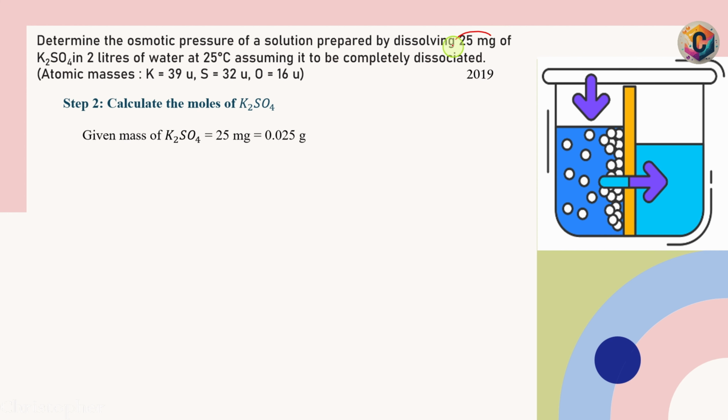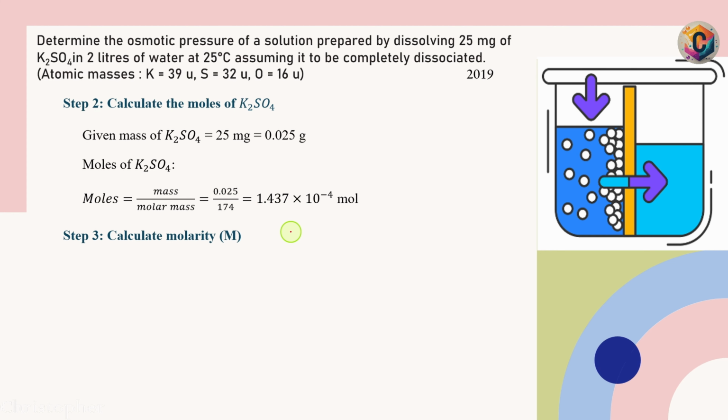So the mass given here is 25 mg. So I need to convert it into grams. Converting into grams, dividing by 1000, it is 0.025. To find the number of moles, I will use the formula mass by molar mass. The mass of K2SO4 is 0.025, and the molar mass is 174. Simplifying it, I will be getting the number of moles of K2SO4 taken.